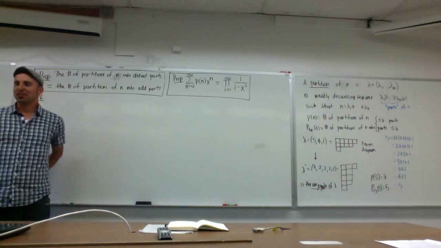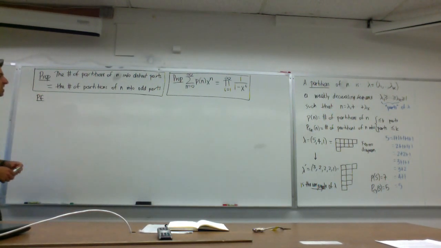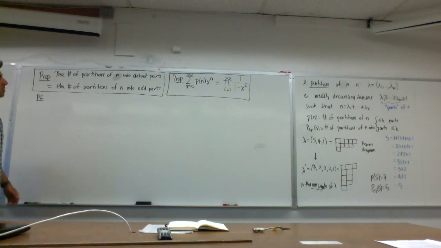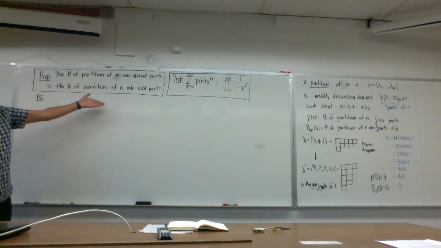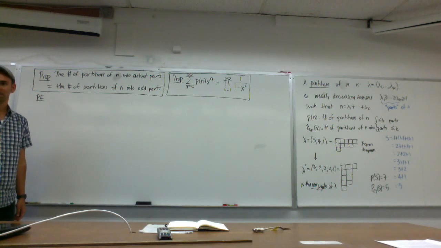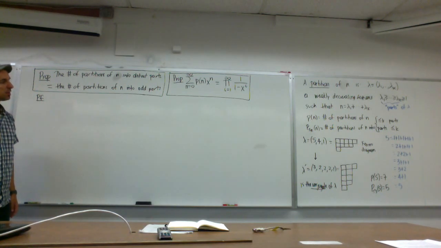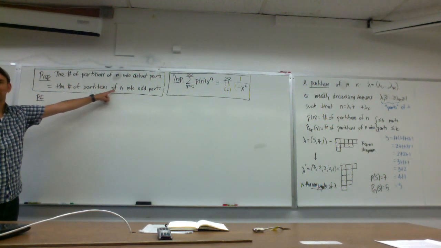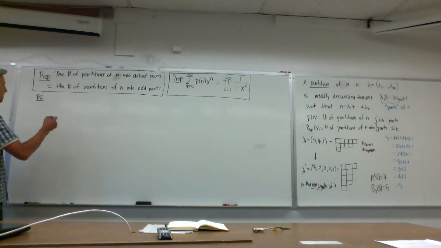What about algebra? Does that sound easier? And by algebra, I mean generating functions. Well, one way of showing that two sequences are the same is showing that they have the same generating function. So, can we find, for example, the generating function for the bottom one?